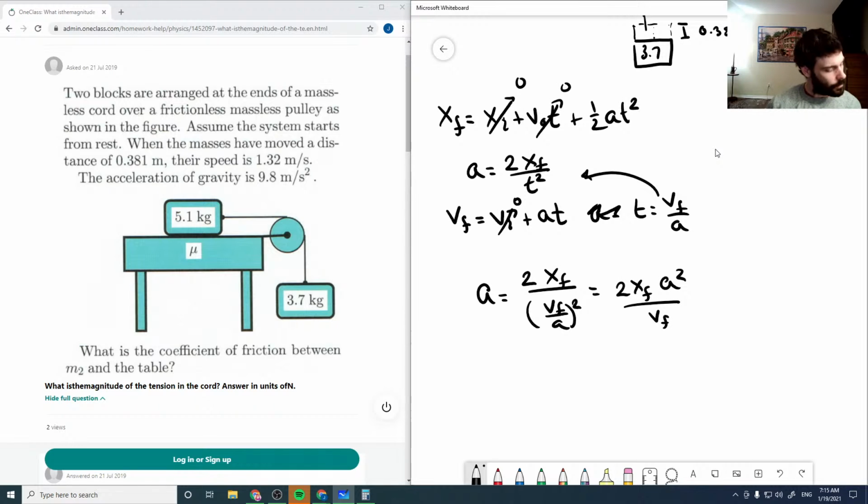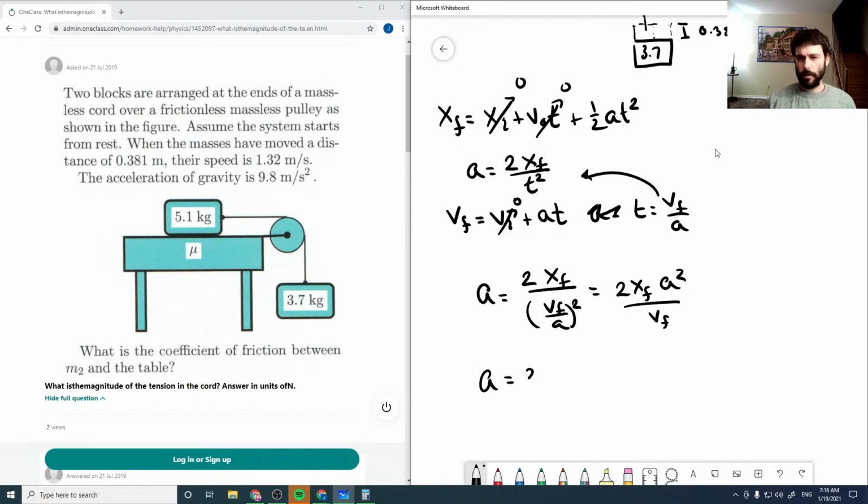Oh, I see. There's no point in doing it that way, I suppose. Okay, yeah, that's fine. 2xf a squared over vf. So then we can rearrange this equation now.